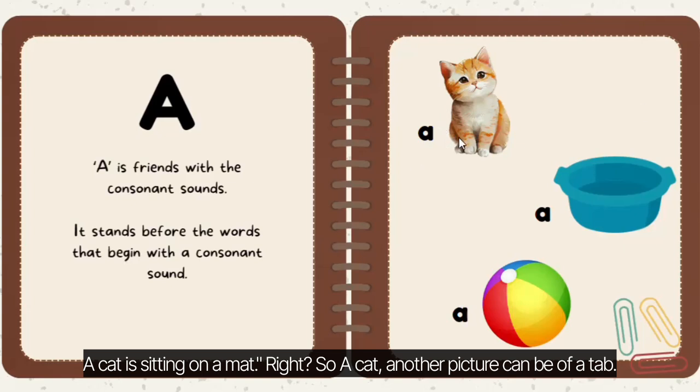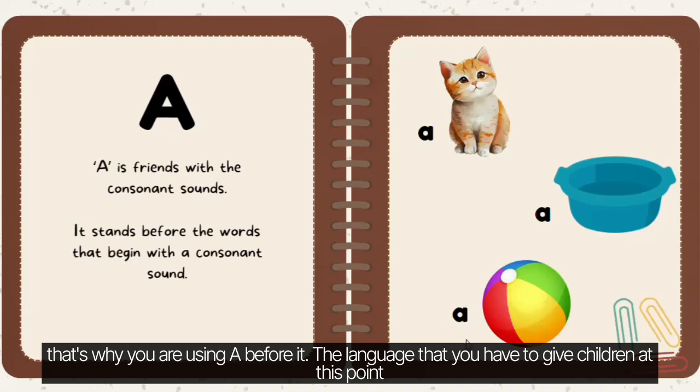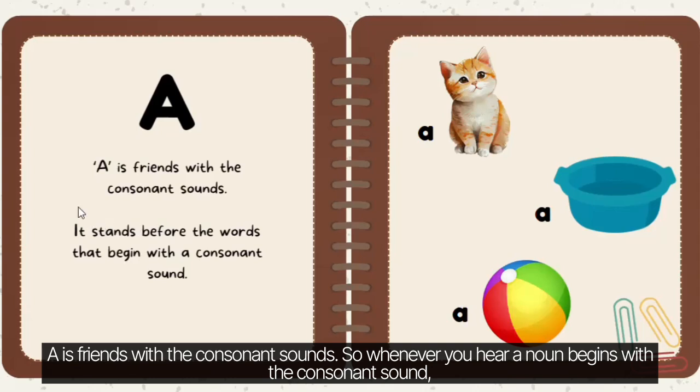So a cat. Another picture can be of a tub. A tub is in the washroom. I have a colorful ball. So k, t, and b, they all are consonant sounds. That's why you are using a before it. The language that you have to give children at this point is: a is friends with the consonant sounds.